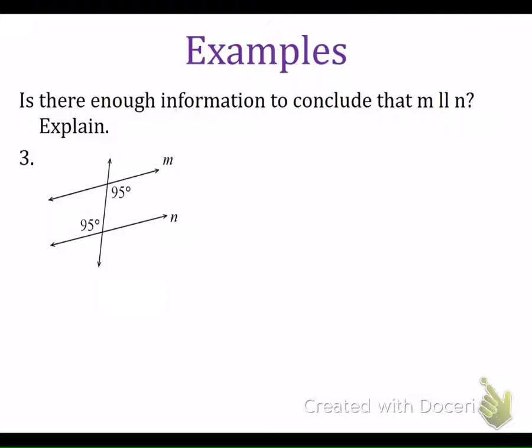All right, here is number 3. What am I looking at? Alternate interior angles. And they are? They're congruent. So are the lines parallel if the alternate interior angles are congruent? Yeah.